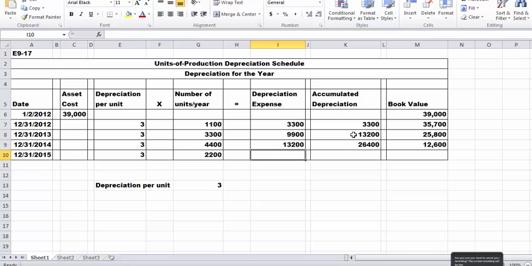2,200 fry jobs in 2015. Which means we had $6,600 in depreciation expense and accumulated depreciation of $33,000, which is exactly where we needed to be.